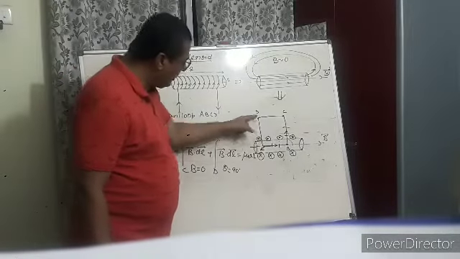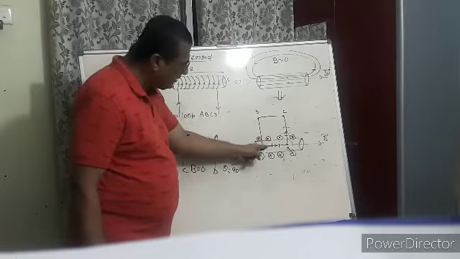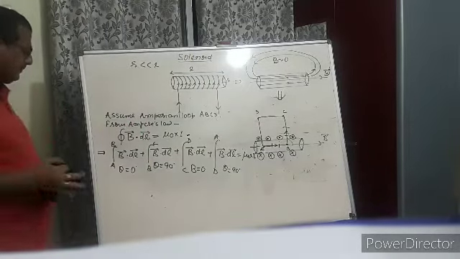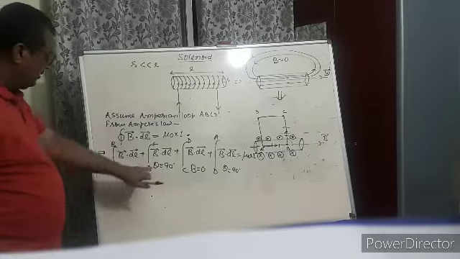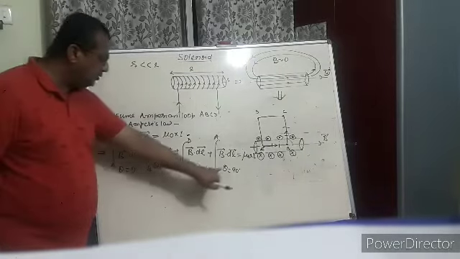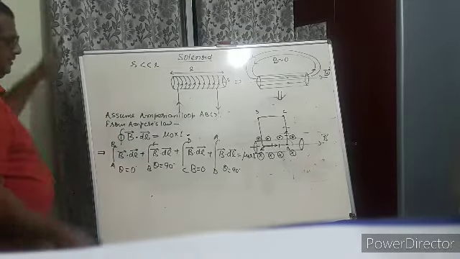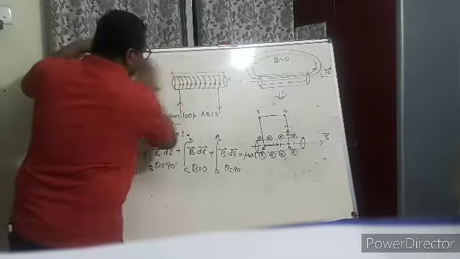This is the direction of B and this is the direction of dl, so the angle between B and dl will be 90 degrees. Hence cos 90 is 0, so all three of these will be 0, only this will exist.